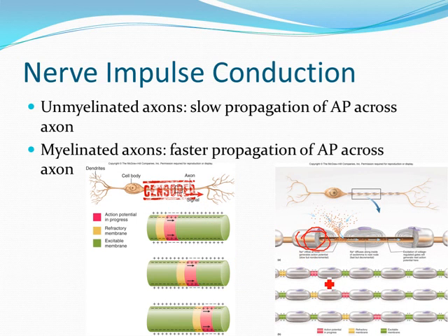So what happens is that over here, this is the action potential, but they skip all these voltage-gated channels over here and go over here to this next node of Ranvier. So that will cause an action potential there. So basically, they're kind of skipping some voltage-gated channel areas to make this a lot quicker. Okay?